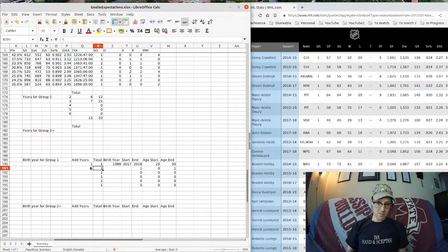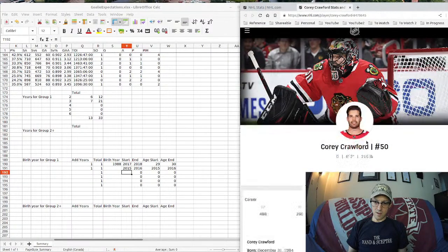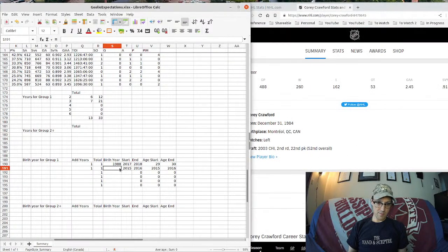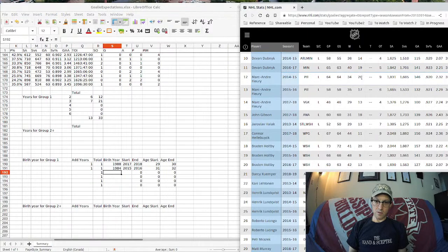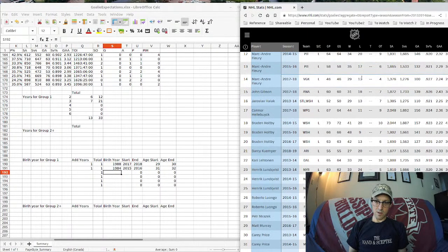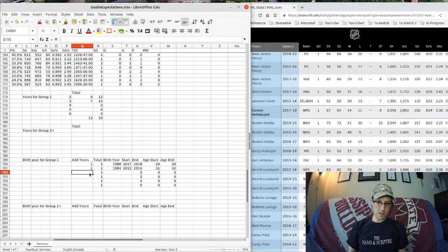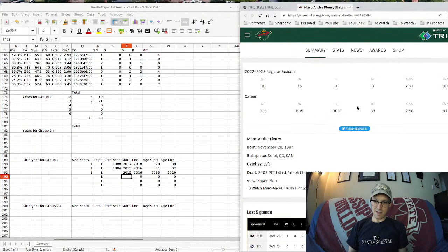Crawford is 1. Start is 2015. First year is 84. Dubnik, no. Fleury, 1, 2015. He was born in 86, I think.